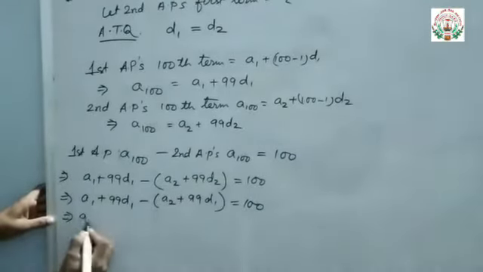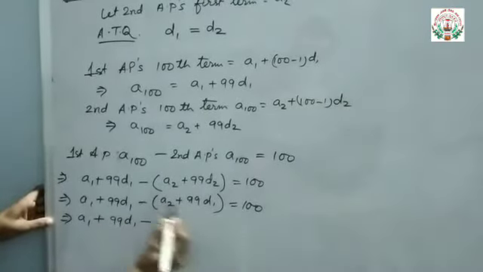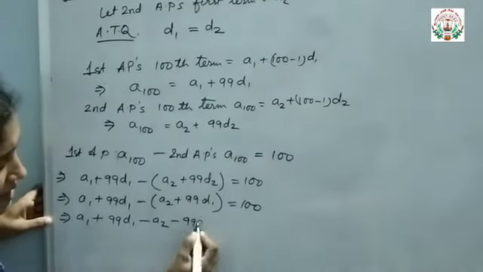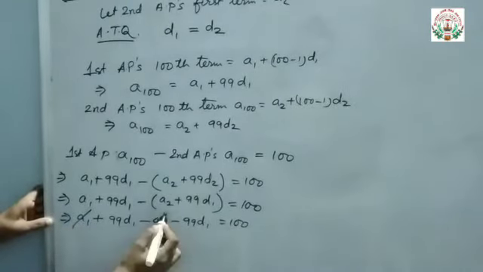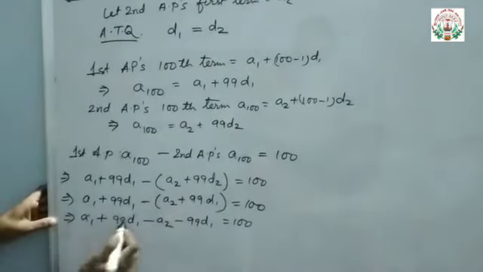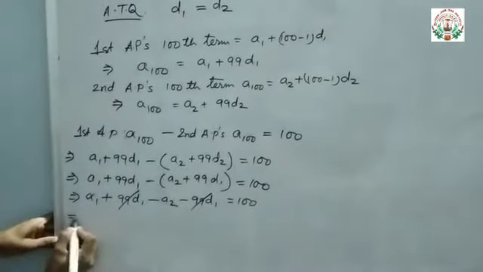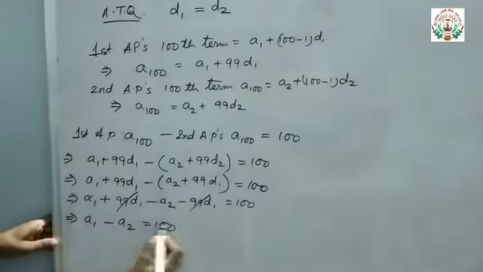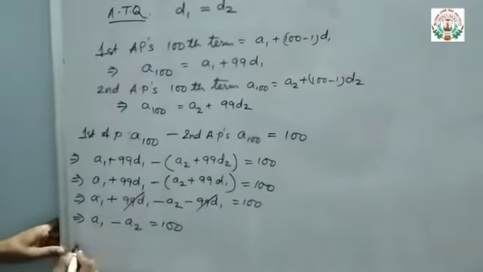Now open the bracket: A1 plus 99 d1 minus A2 minus 99 d1 equals 100. The 99 d1 plus and minus will get cancelled. So A1 minus A2 is how much? 100. Clear? Now the thousandth term of each one, you find out what it will be.